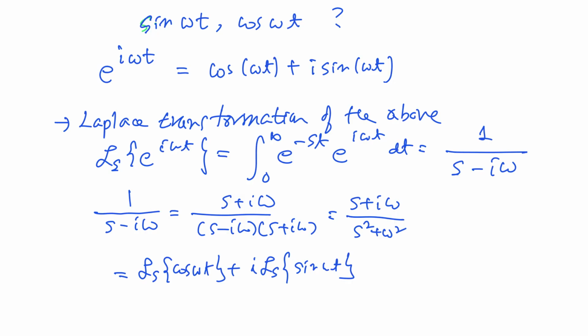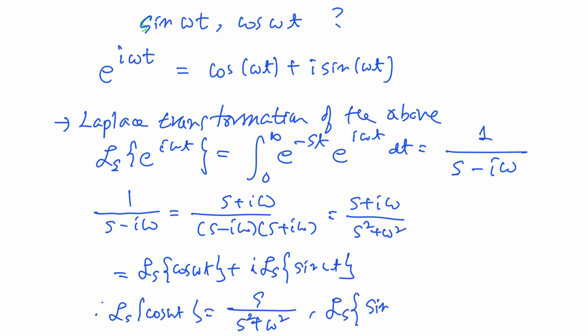So the Laplace transformation of cosine omega t is s over s squared plus omega squared, and the Laplace transformation of sine omega t is omega over s squared plus omega squared.